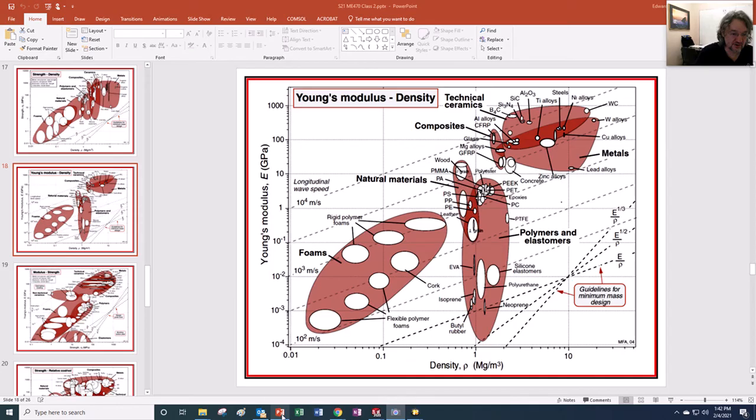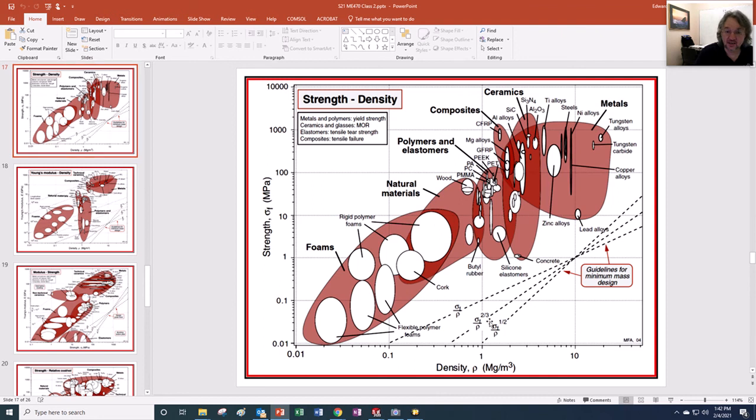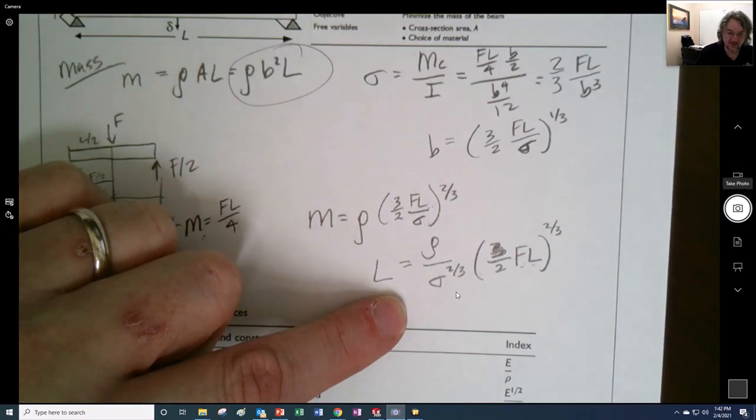So what we can do is go back up to this right here, and you could see that this is the inverse of that right there, right? This is stress to the 2/3 over rho, whereas we have rho over stress to the 2/3 right here.